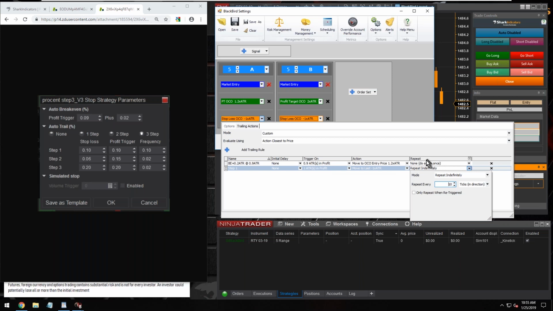But repeat seems to be a little more appropriate when you're evaluating trailing rolls, right? Frequencies are a more limited term.